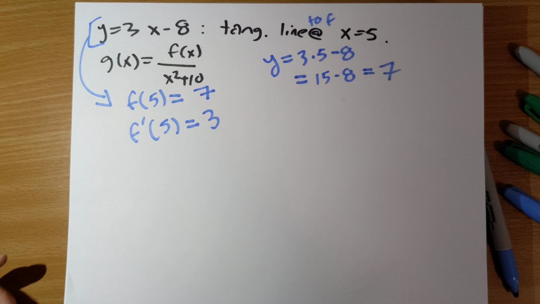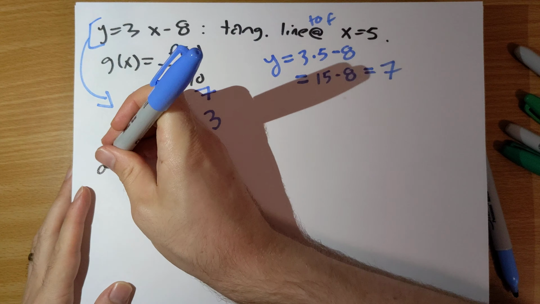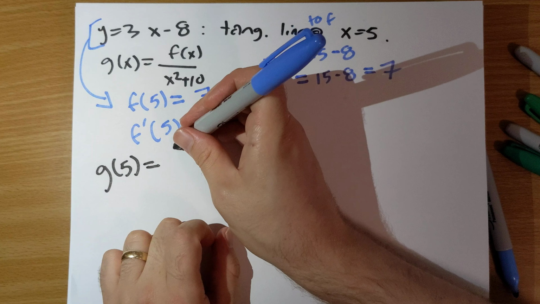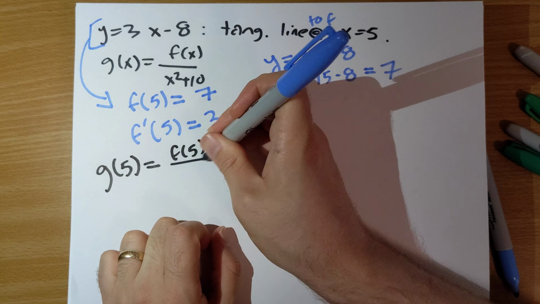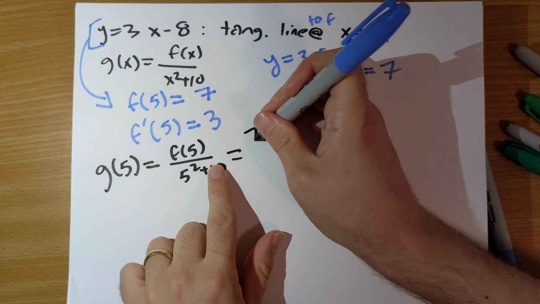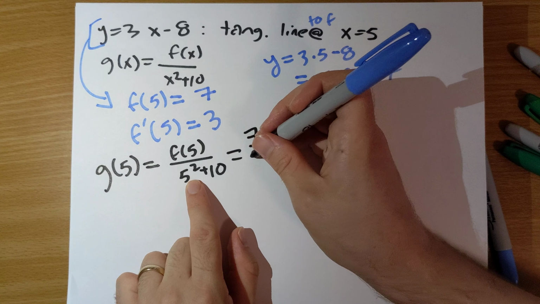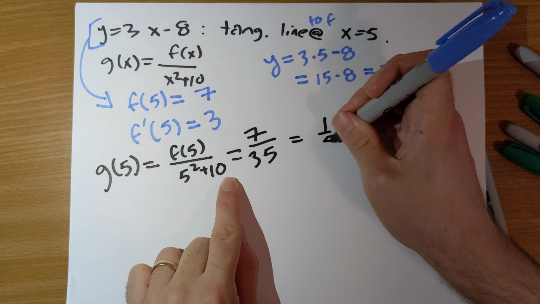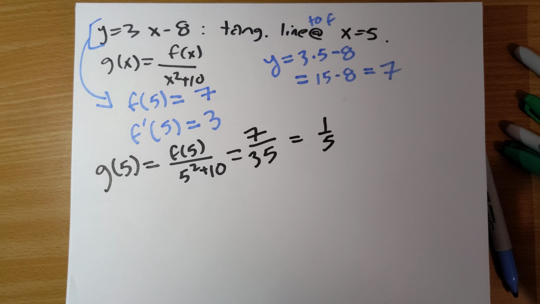Okay, so now for g of 5. So g of 5 is going to be f of 5 divided by 5 squared plus 10. F of 5 is 7 divided by 25 plus 10 is 35. So 1 over 5 is our final answer here.